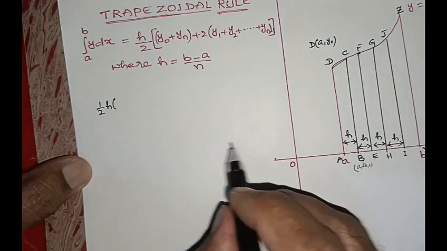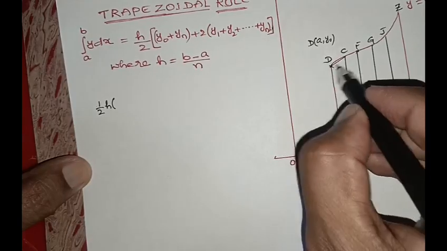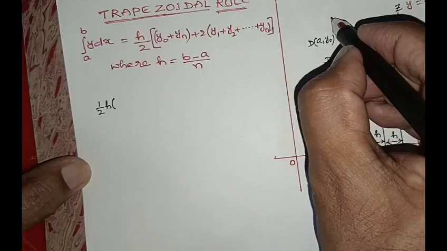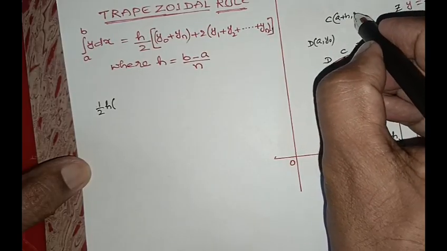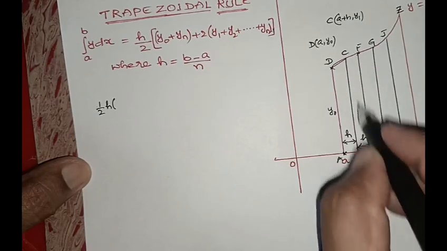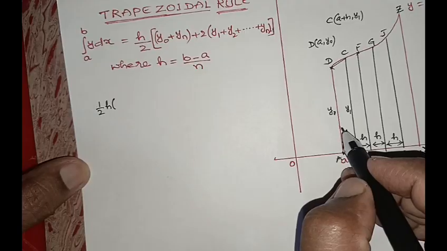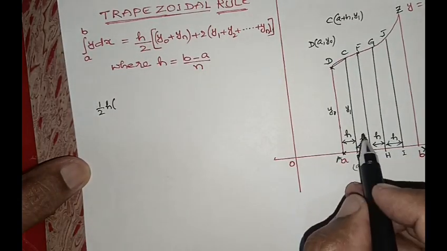So from C to D, this distance is y naught, and the coordinates of C are a plus h comma y1. So this distance B to C becomes y1, which is f of a plus h.